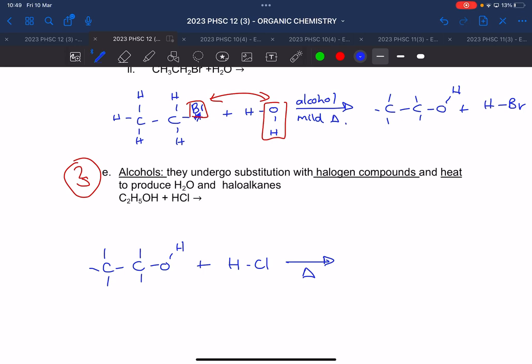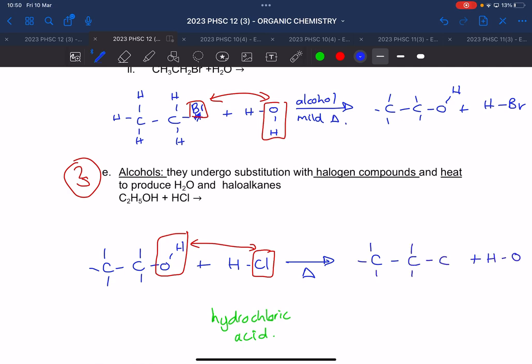Hydrogen chloride or hydrochloric acid. Do you remember that from last year? Then it's that thing that's going to swap with that thing because they're both negative, so they will swap. Oopsie, Cl.